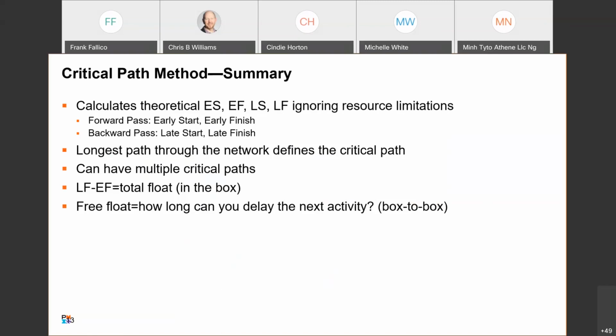Your late finish minus your early finish is going to give you the amount of float or flexibility you have in being able to delay that task. And your free float is going to tell you how long you can actually delay the next activity. Okay.